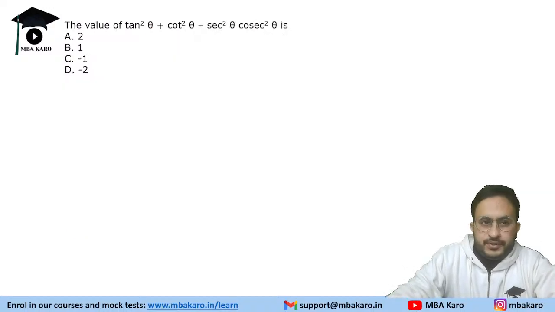Okay, so this is an expression: the value of tan square theta plus cot square theta minus sec square theta cosec square theta is.